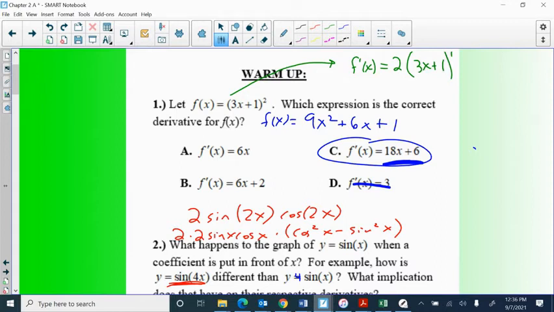You can't change the identity of the inner function. It's still 3x plus 1. But then you would immediately multiply by the derivative of 3x plus 1, which is 3. So I have 2 times 3, I've got 6 times the quantity 3x plus 1 to the first power. Oh yeah, that clearly is 18x plus 6. So I can get there.